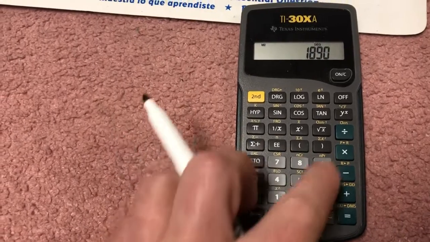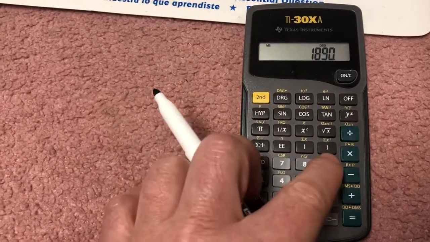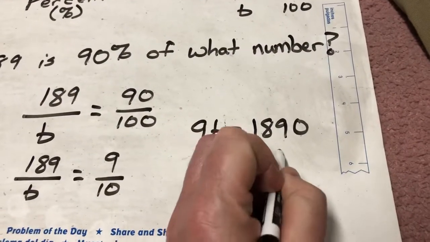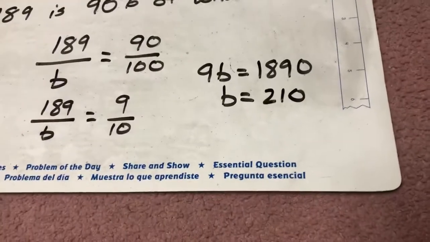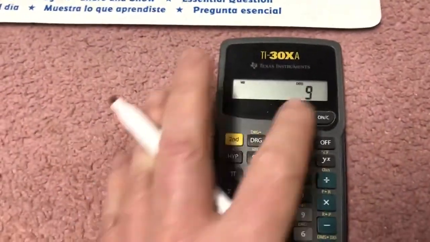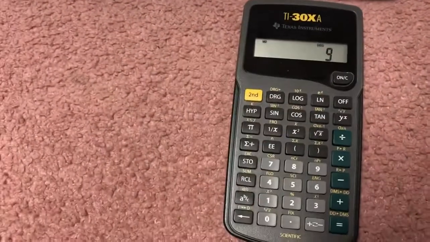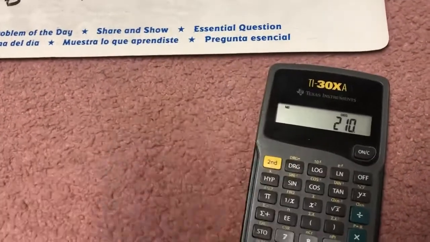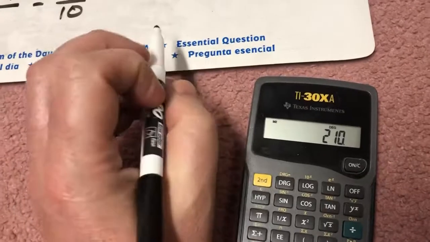I can tell you right now, without even pressing it, that it is going to equal 210, but let's see. 9 equals 210. Not bad for Mr. Swack. So B equals 210.